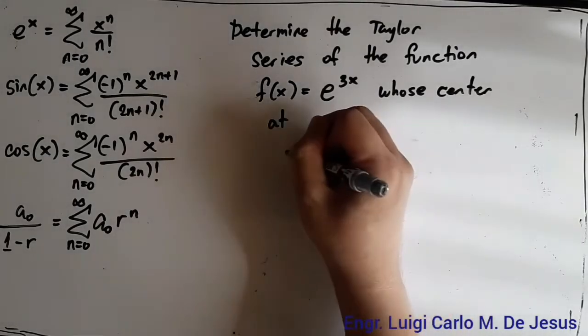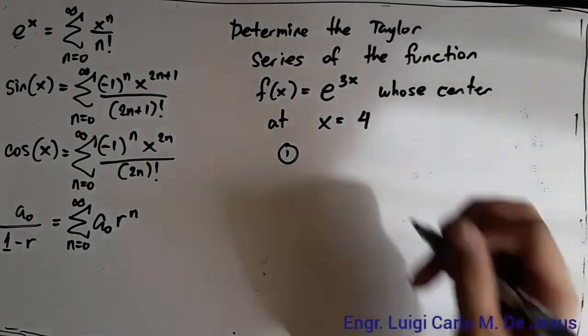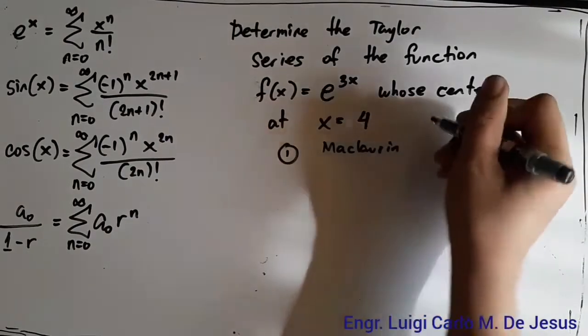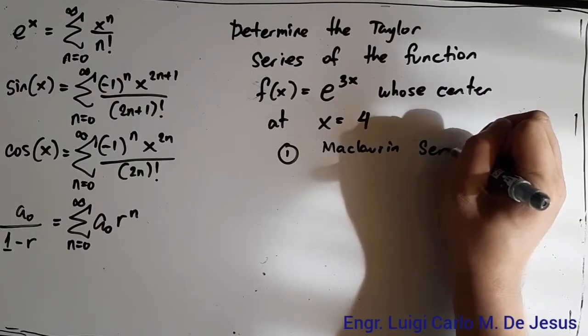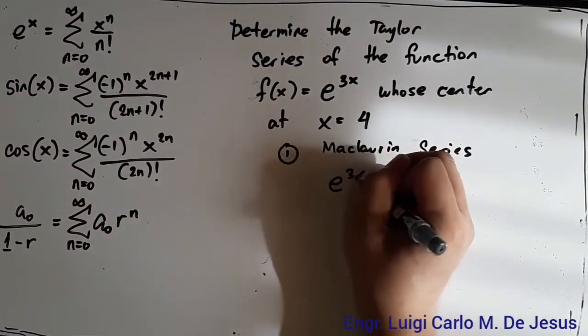Step 1. The step 1 here is to determine the Maclaurin series of the given equation. Now, what is the Maclaurin series of e to the 3x?